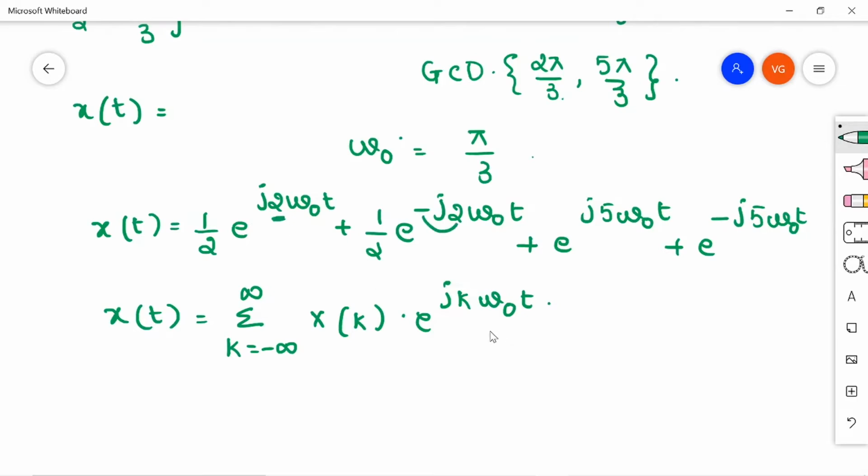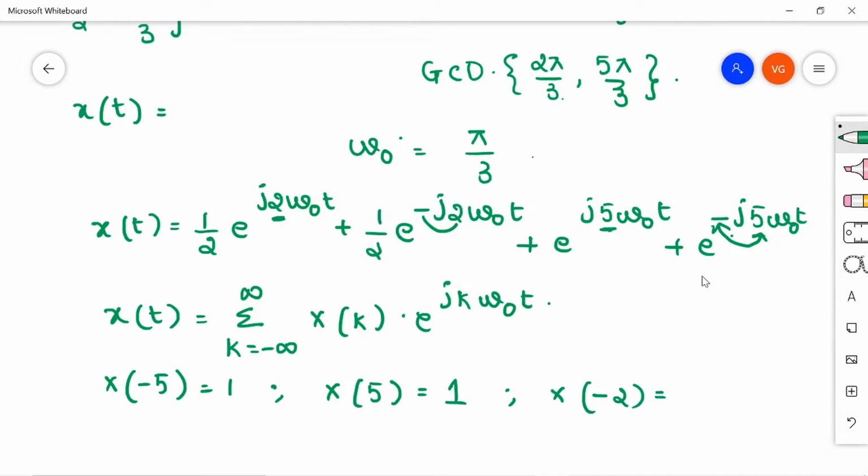This is 2. This is minus 2. This term represents x of 5. This term represents x of minus 5. So x of minus 5 has a coefficient of 1. X of 5 again has a coefficient of 1. X of minus 2 has a coefficient of half.